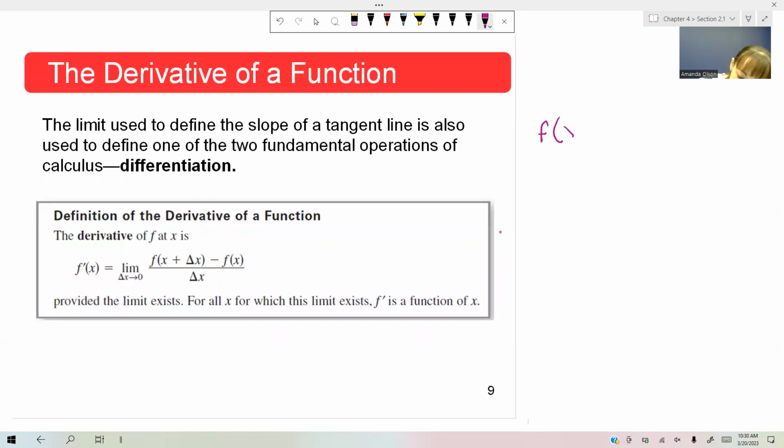We had just worked with the function f of x equals x squared plus 1, and we saw that at any point you can have a different instantaneous rate of change, or a different slope for the tangent line. But what is it? That's what the derivative tells us. We'll have to see in another video how to find that derivative. But hopefully that gives you an introduction to secant lines and tangent lines and where we use them.